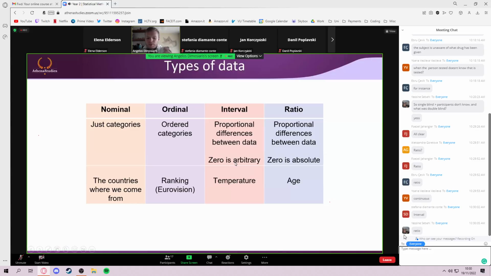In the interval variables, the 0 doesn't mean that you do not have any of this variable. It's just another value of this variable. Just like 0 degrees Celsius is a value of the variable temperature. It doesn't mean that you do not have any temperature at all.